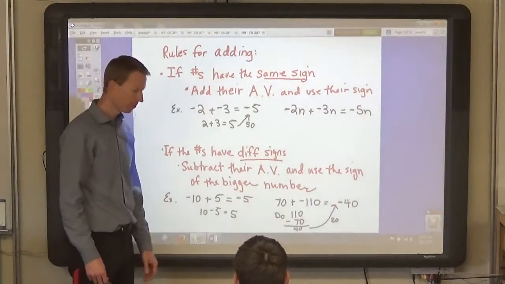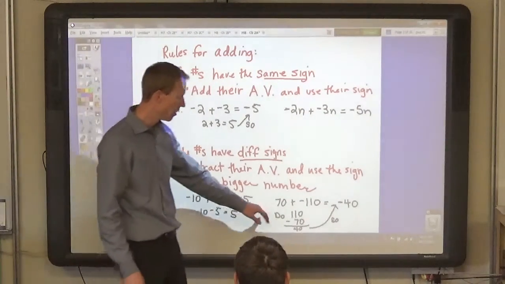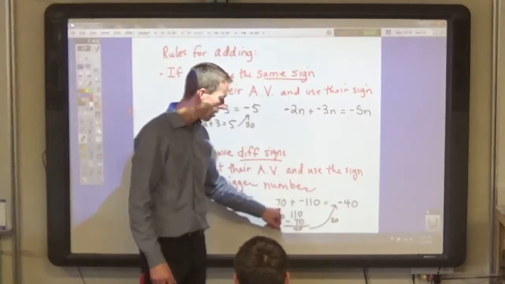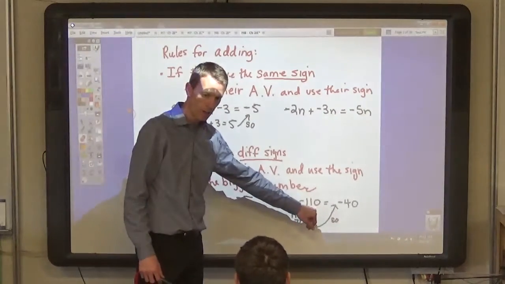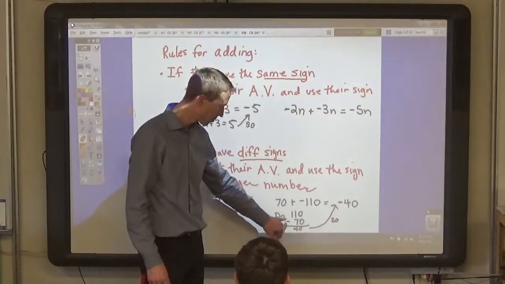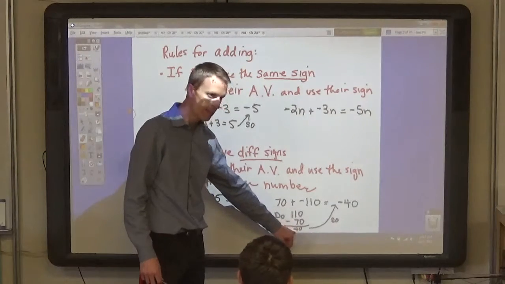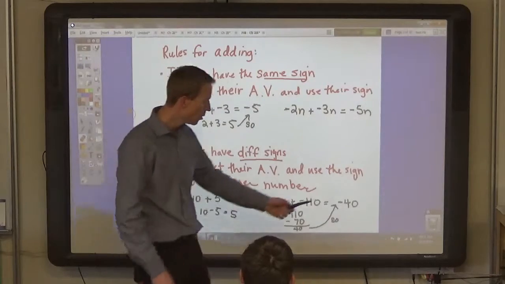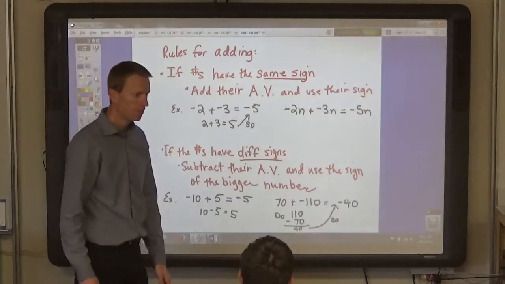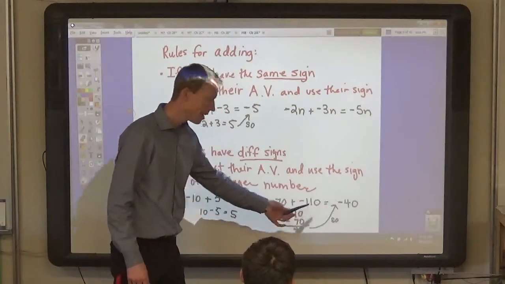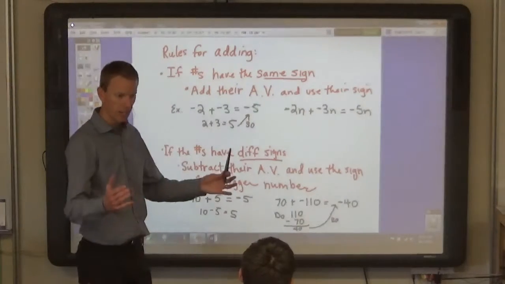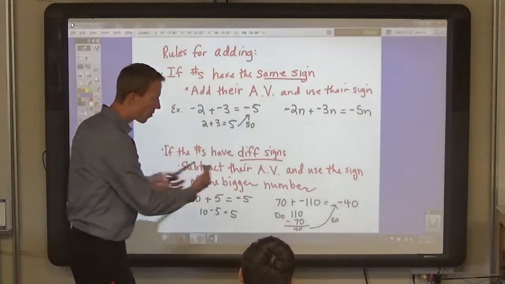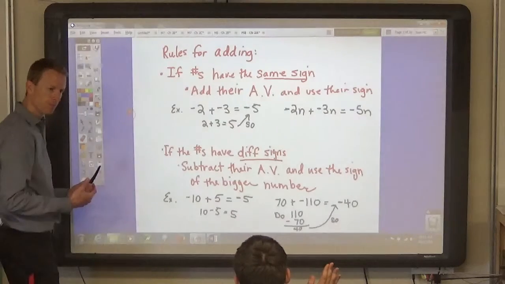Right? Look at this one. To get the answer to 70 plus -110, you'd have to do 110 minus 70 to find the difference, but then use the negative sign of the -110, because that one has a bigger absolute value. That's farther away from 0, right?